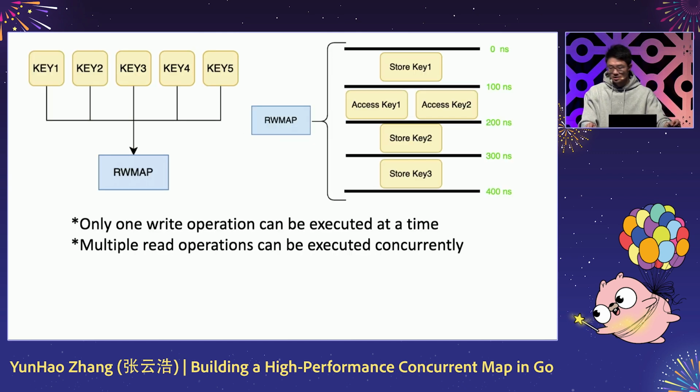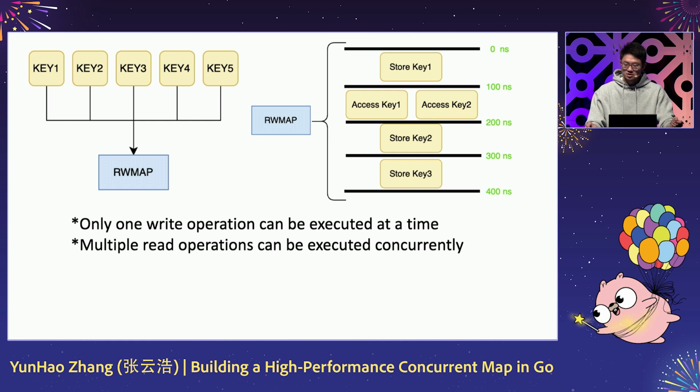Let's take a look at the read-write mutex map. We can see the image on the right. Thanks to the read-write mutex, we can now call read operations concurrently. But when multiple coroutines try to read and write the map at the same time, each write operation will block the entire map.